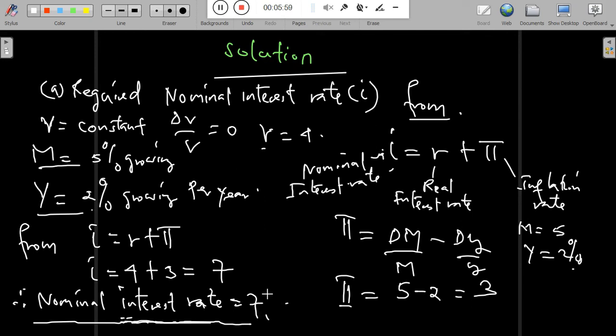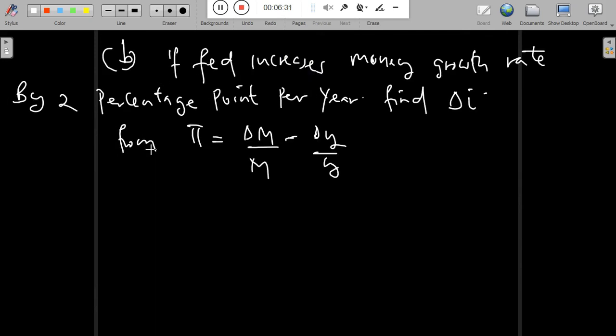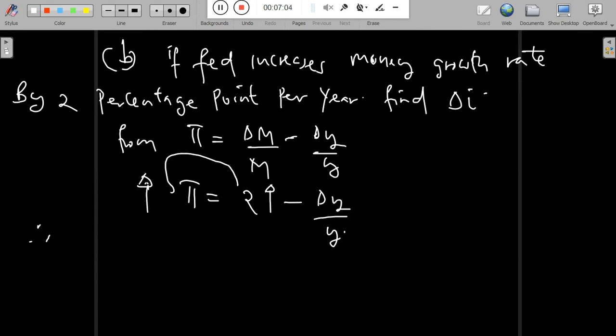So we're required to solve part B. In part B, if the Fed increases the money growth rate by 2 percentage points per year, find the change of the nominal interest rate. So remember, the inflation rate is given by the change of money supply minus the change of output level.